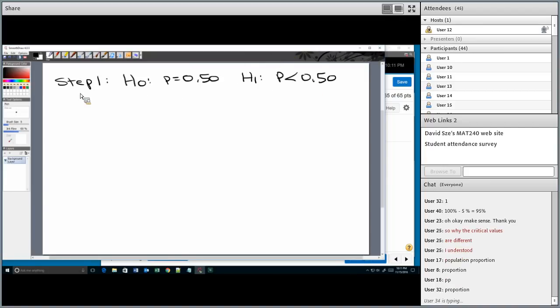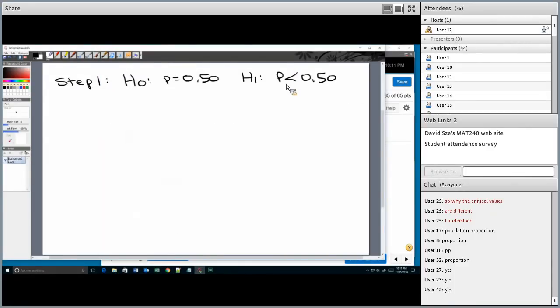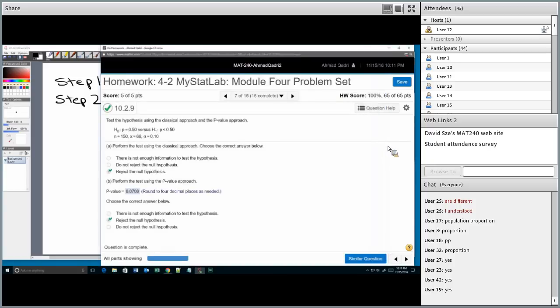Population proportion. Very good. Okay, so is this step clear? Are we all okay with this step reading from the problem? Okay, the problem gave you the step, right? So you just have to say step 1 is this.